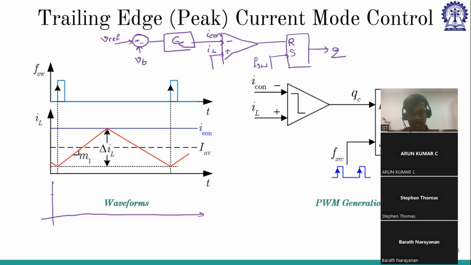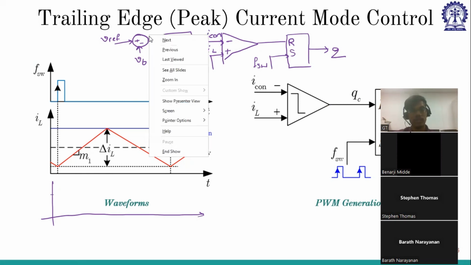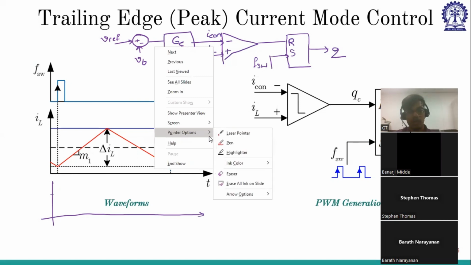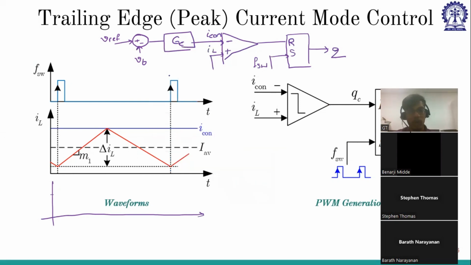Sir, excuse me, is the feedback always subtracted from the reference? Yes, because we have to get the error. But here Icon is the reference, right? Actually, you are getting confused. It is a two loop control.